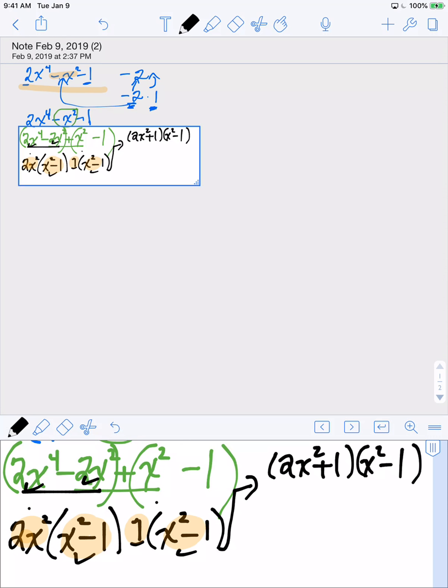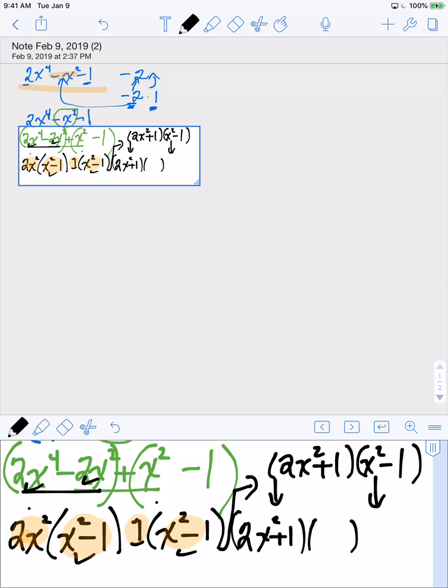Now, you're done factoring by grouping, but if you've covered difference between 2 squares, then there's more to do, and I'll show you. If you haven't covered difference between 2 squares in your class, then ignore what I'm about to do. This is a difference between 2 squares, meaning this is still factorable. So this first one is just 2x squared plus 1. That hasn't changed.